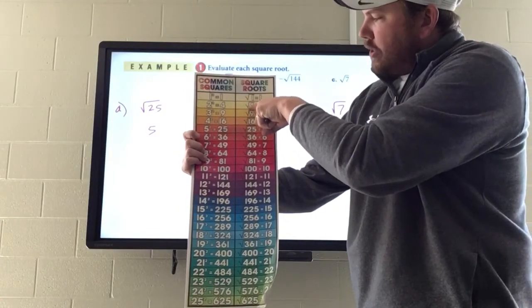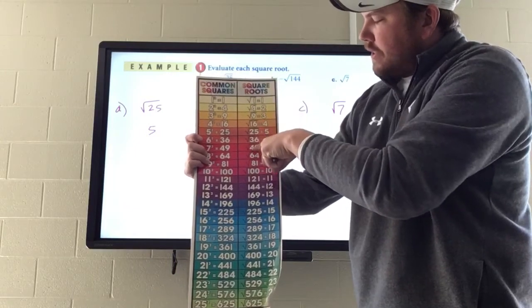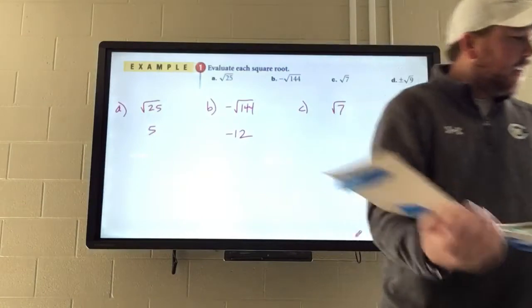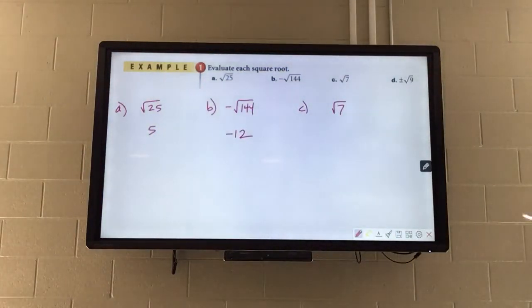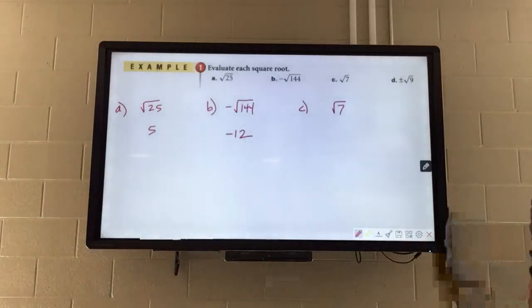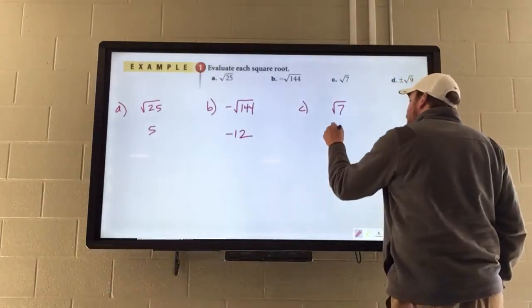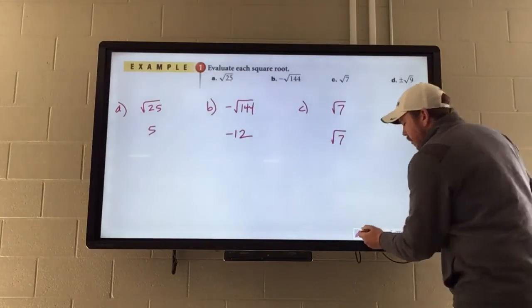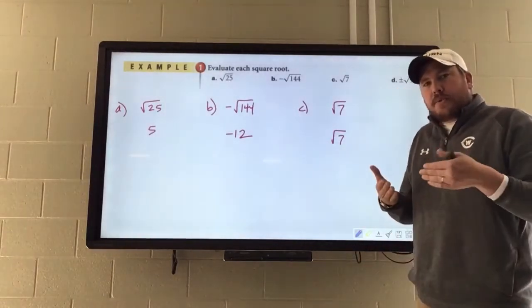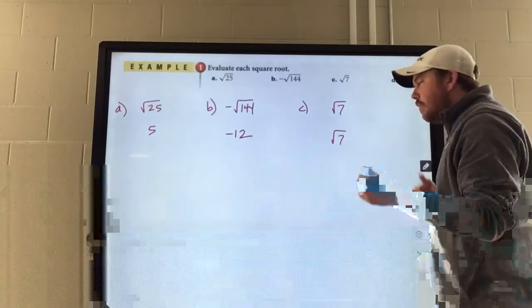So square root of 1, square root of 4, square root of 9, 16, 25, 36, 49, 64, 81, 100, and so on and so forth. Those are our perfect squares. You'll notice that 7 is not a perfect square. But here's what we're going to do. When we're estimating the square root of 7, we are going to find the 2 perfect squares nearest it. So the perfect square right below 7 and the perfect square right above.